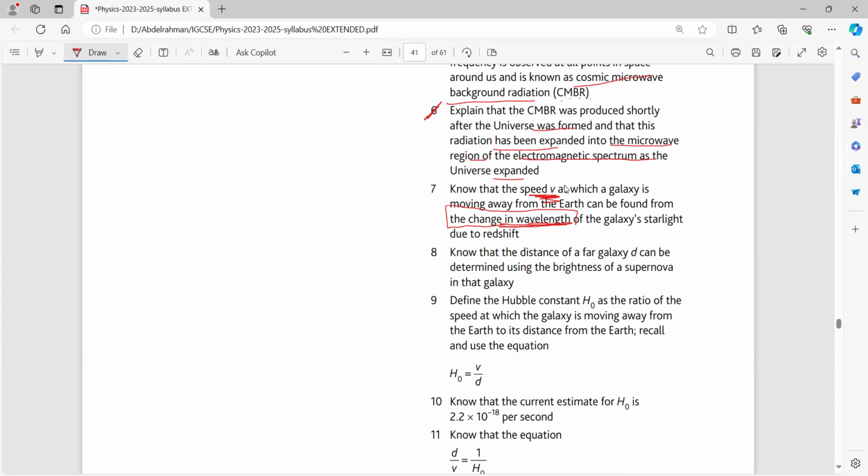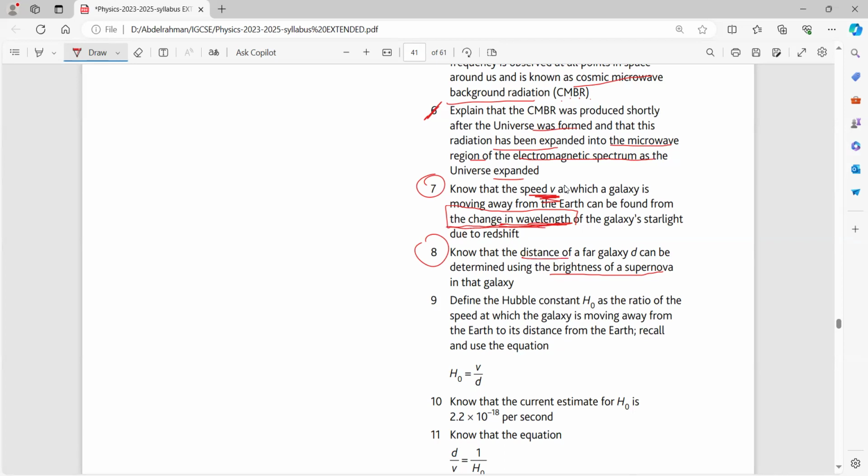Know that the distance can be determined using the brightness of a supernova. These are two very important points. The speed can be found using the change in wavelength.